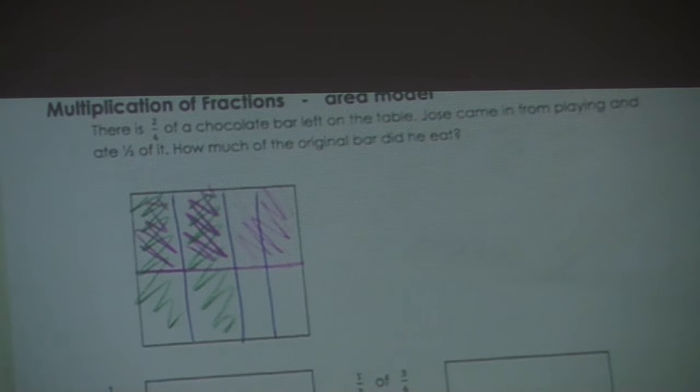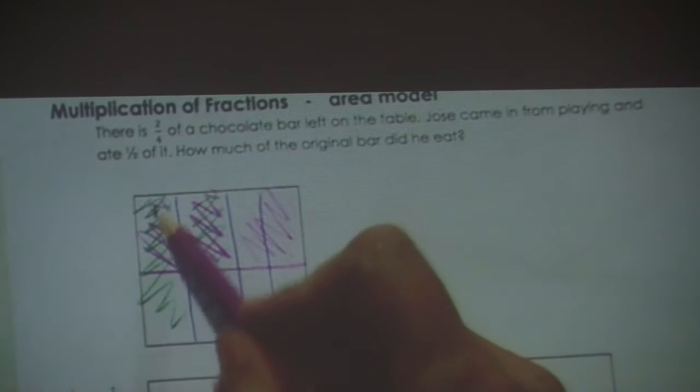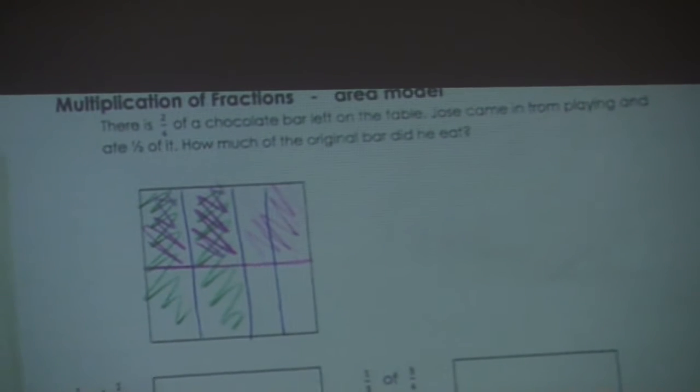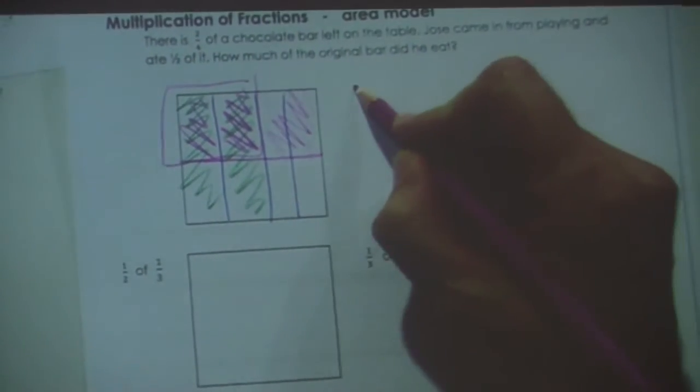So right now, how much did he eat? Well, he ate that piece and he ate that piece. Well, what size are they? Now this is a quarter, or, now I'm going to guess, this area is 2/8.